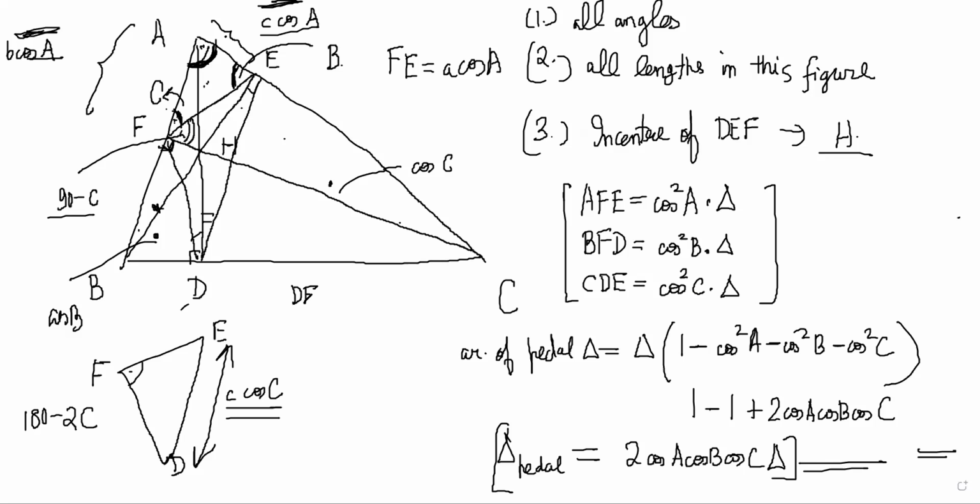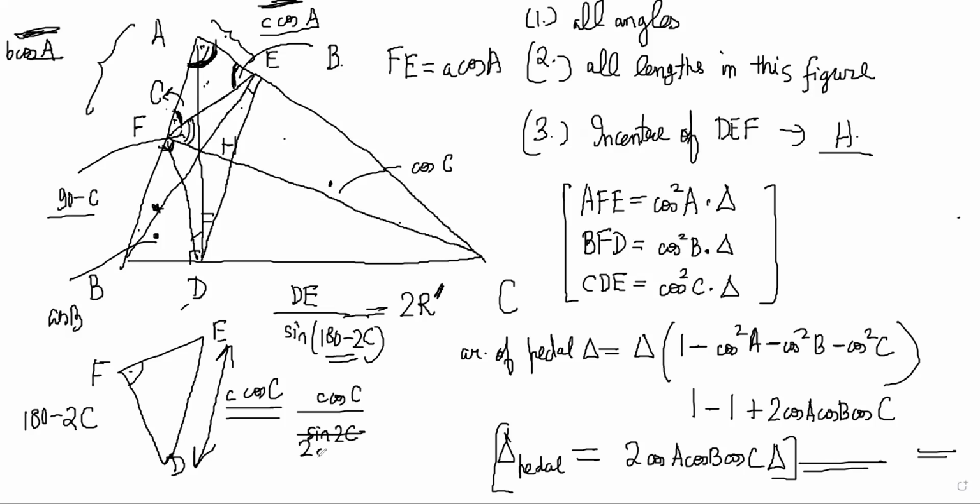DE by sine of the angle is equal to 2 capital R dash, R dash for the DEF triangle, right? So DE is C cos C divided by sine of 180 minus 2C, which is sine 2C, and sine 2C is 2 sine C cos C.